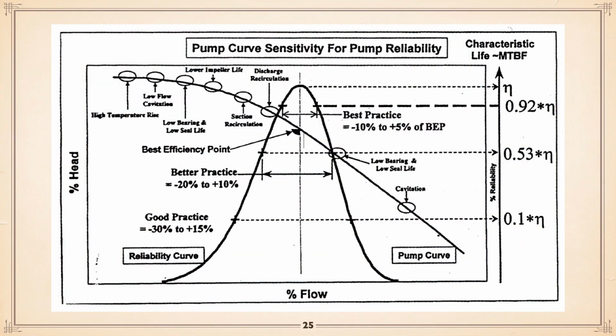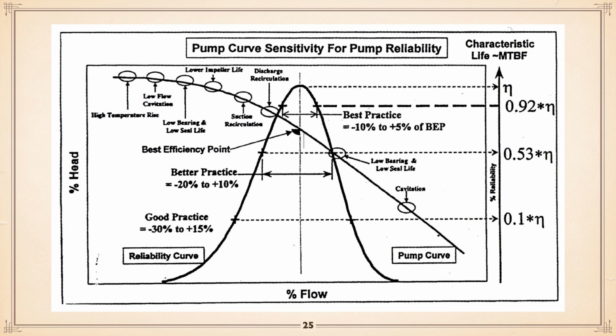Now here's a little drawing where somebody said that's good, but best practice would be minus 10 to plus 5% of best efficiency, which is wonderful if you can do it. But if you've got varying conditions and the pump has to operate further along its curve, then that probably is not an available option. Better practice is minus 20 to plus 10, and good practice is minus 30 to plus 15.